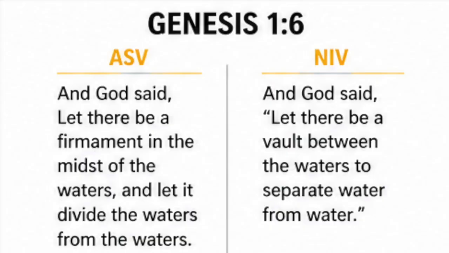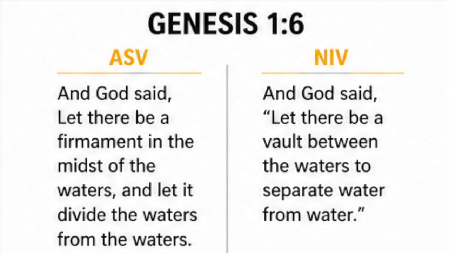New International Version. And God said, let there be a vault between the waters to separate water from water. Key differences. Firmament versus vault. ASV, firmament, older, more literal tradition. NIV, vault, modern explanation.